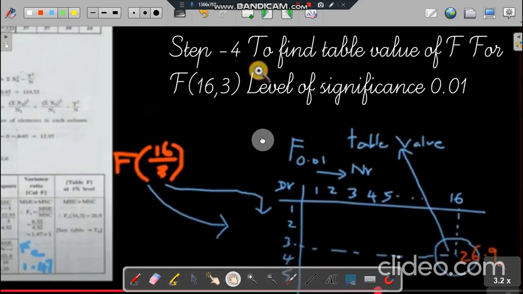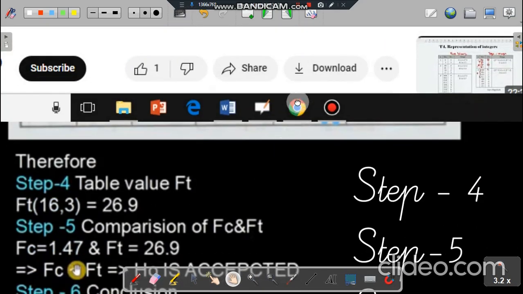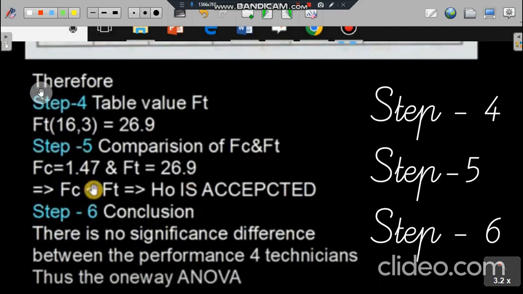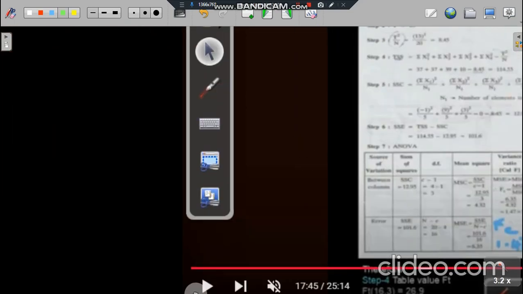Okay, now let me go to step number 5, that is the comparison step. Now look at the problem here. The table value we just found was 26.9, and we already have the calculated value as 1.47. You go back and see the calculated value there.